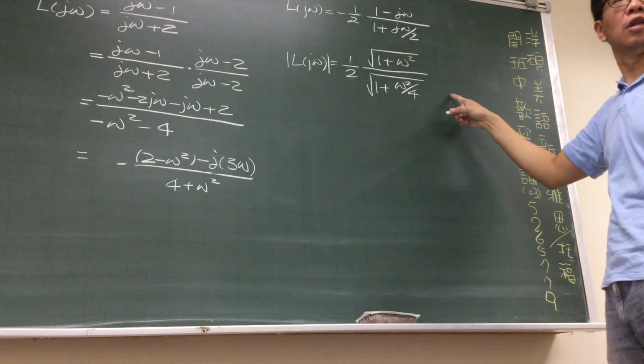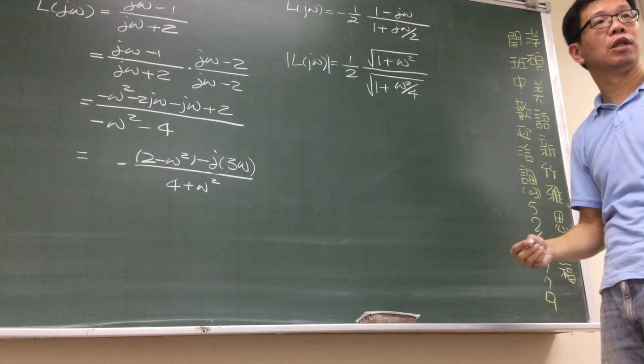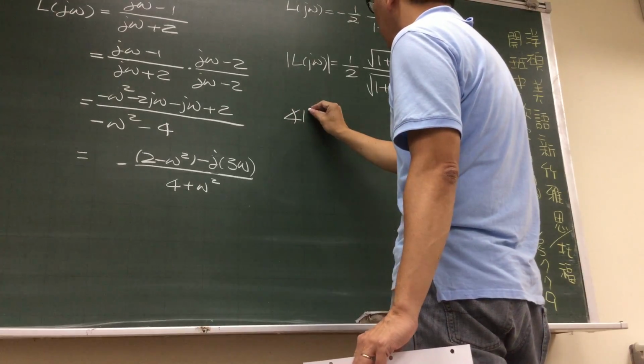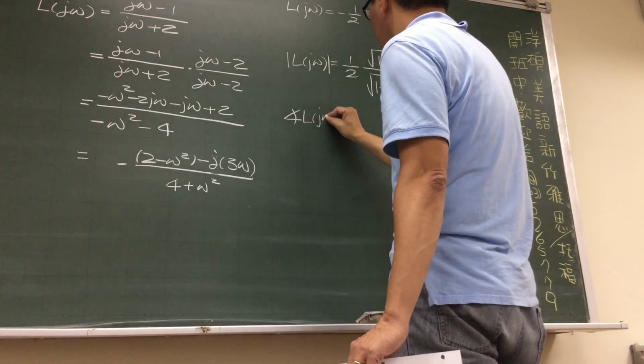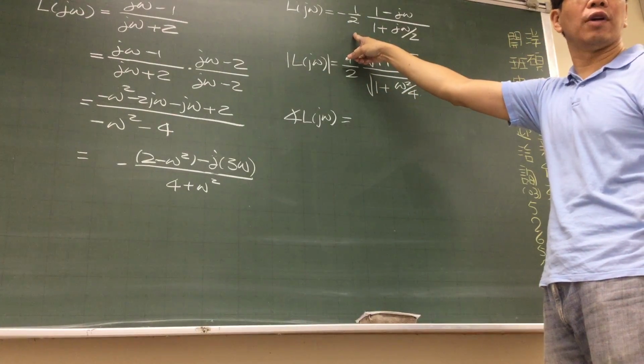Right? Nothing different, but we have this one and we have this one. And for the angle, we got the negative sign in front of it.